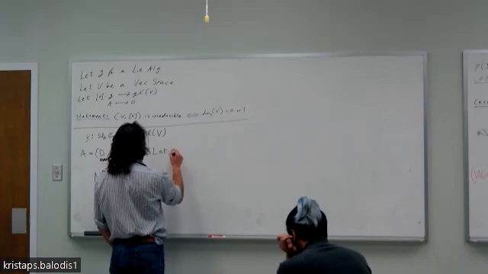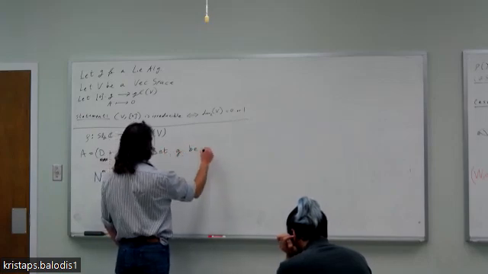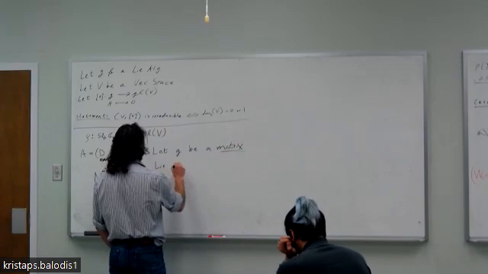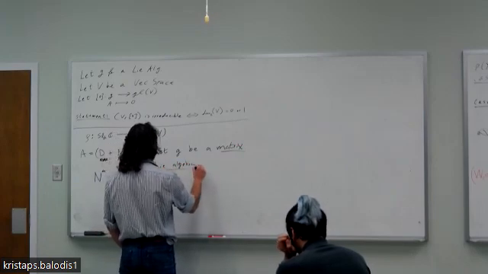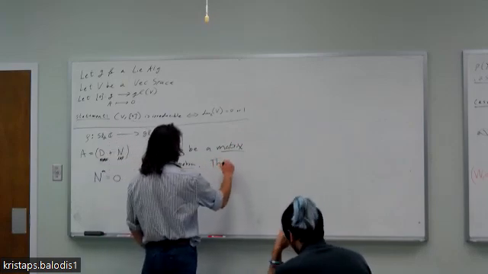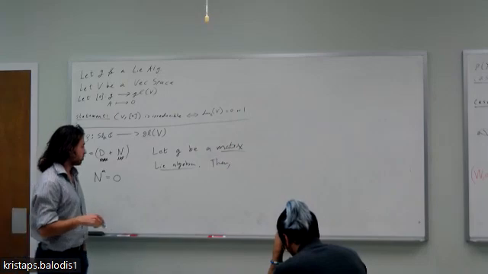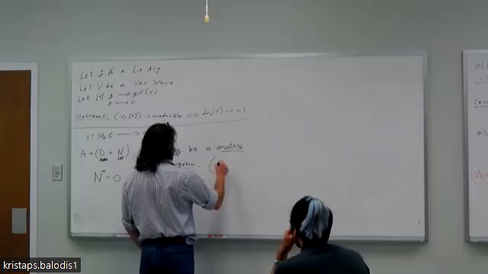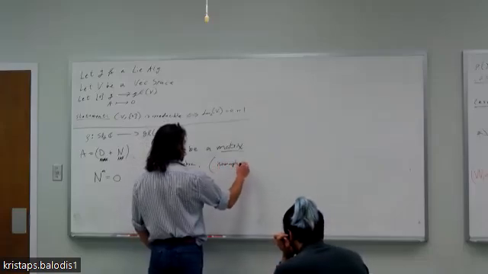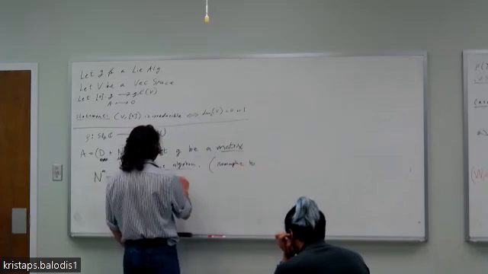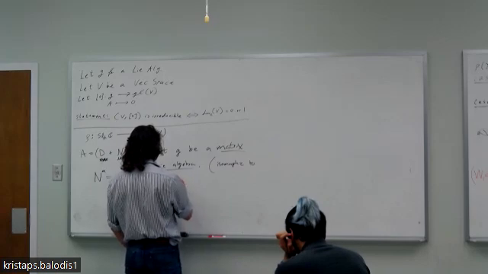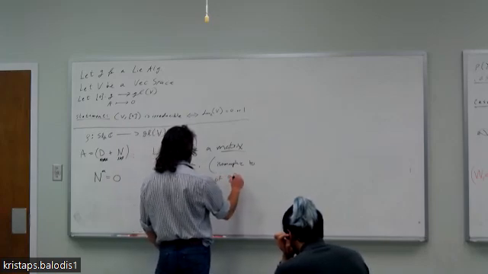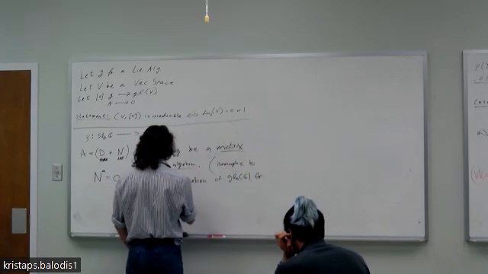Let G be a matrix Lie algebra, which is to say isomorphic to a subalgebra of GLnC for some n.